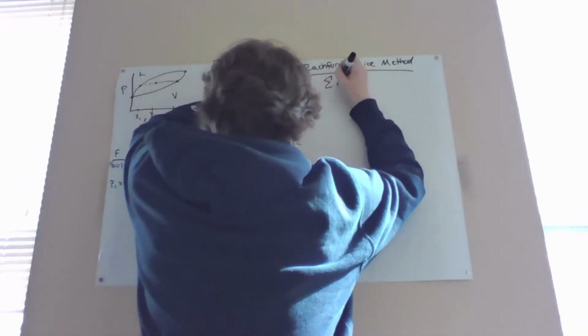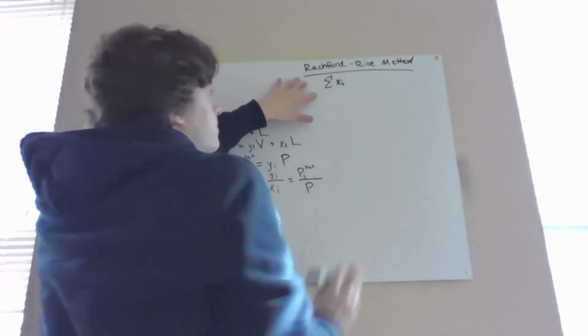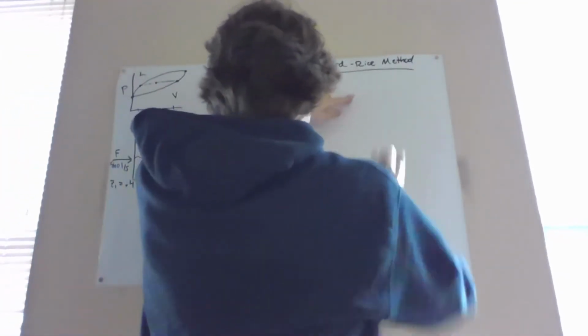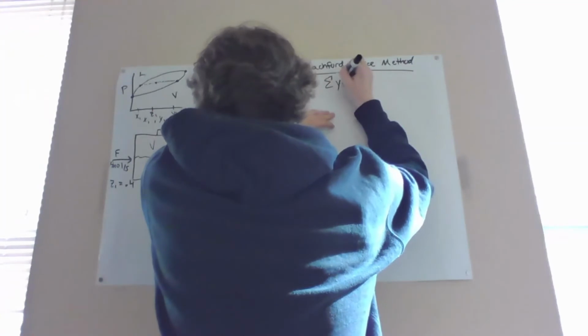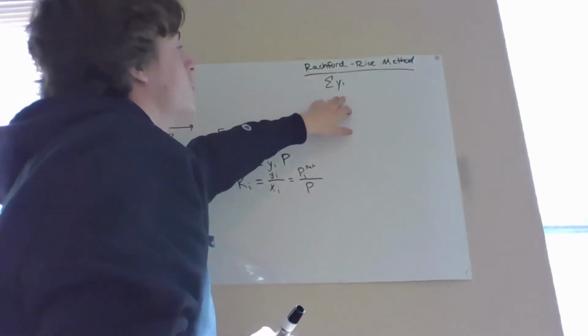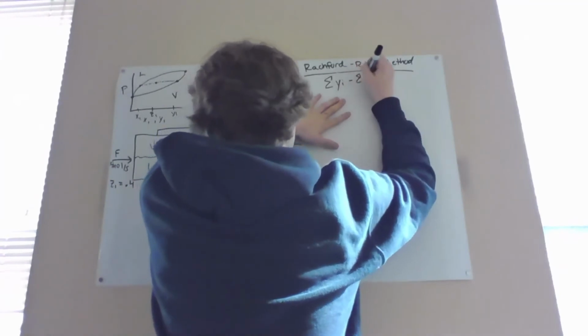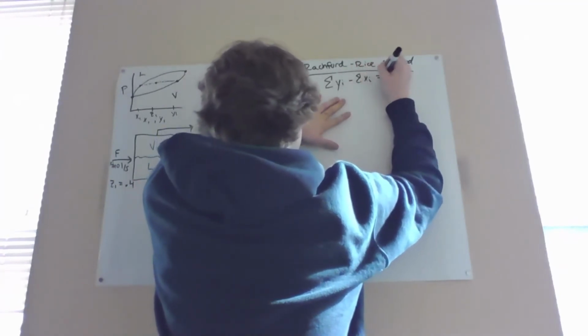Now, to start deriving the equation for the Rachford-Rice method, we need to start with the equation that says the sum of the mole fractions in the vapor phase minus the sum of the mole fractions in the liquid phase is equal to 0.